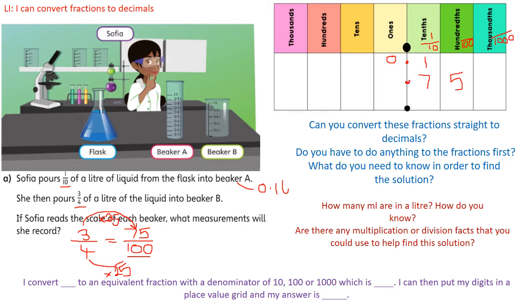My decimal point stays put, and I need a placeholder 0 in my ones column. So the amount of liquid poured into beaker B is 0.75 of a litre. By the way, how many millilitres are in a litre?